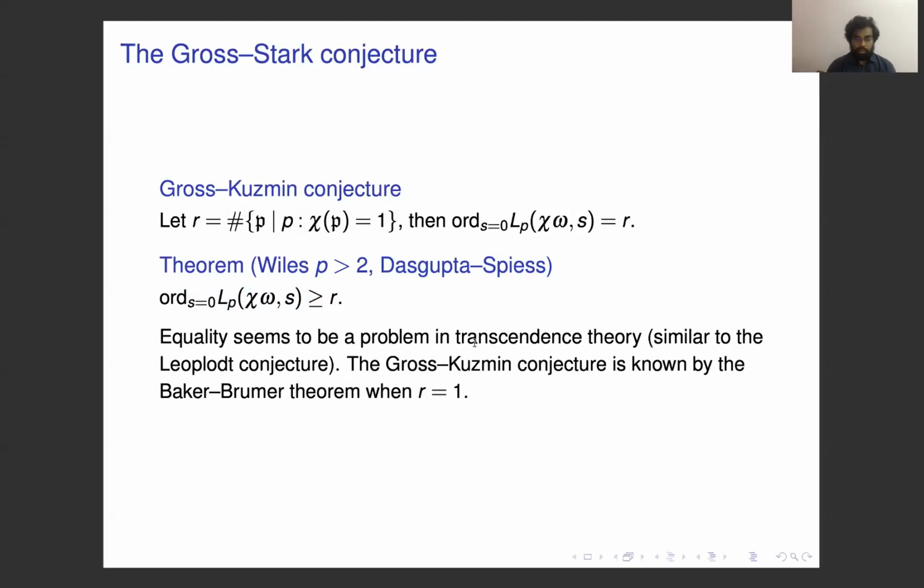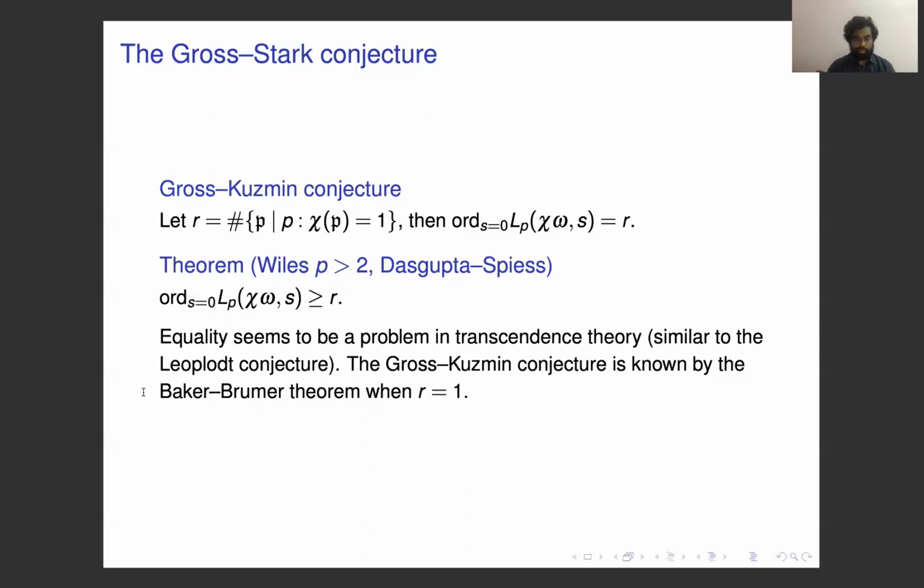The equality seems to be a hard problem in transcendence theory, similar to Leopoldt's conjecture. Similar to the Leopoldt regulator, there's a Gross regulator, and the equality would hold if one can show that this Gross regulator is non-zero. But for r equal to 1, we know it's true.